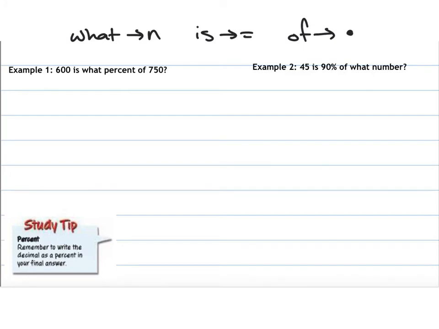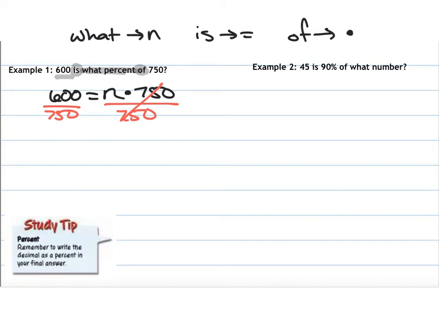So this says 600 is what percent of 750, so I don't know the percent. Of means times 750. And then I remember how to solve equations, right? Use inverse operations to get there. So I divide to solve for n.